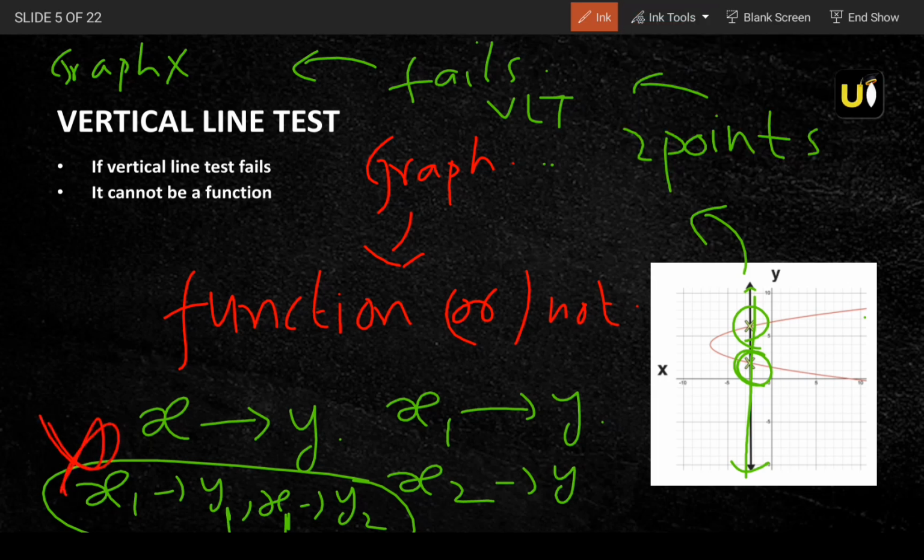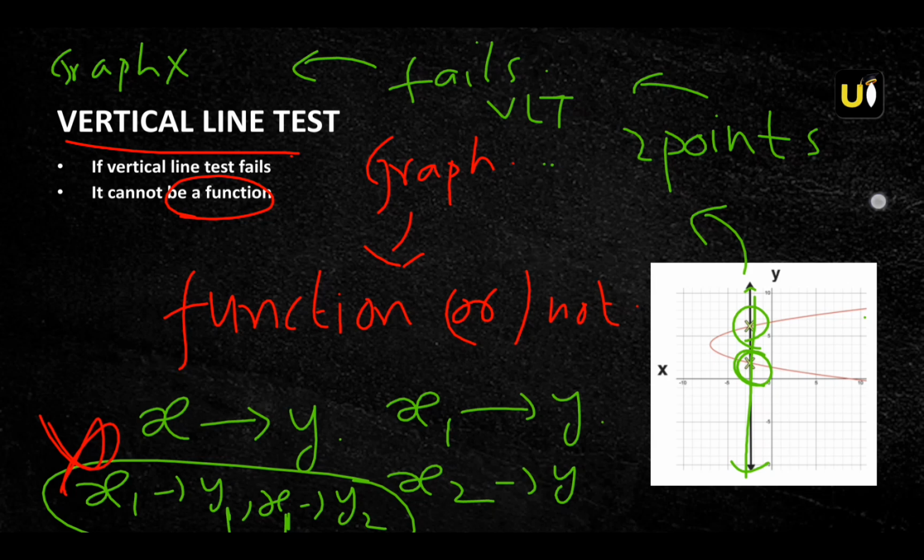So, if we draw a vertical line for a graph and there are two intersection points, then there are two different y values for a unique x value. So, the definition of function is not getting satisfied. That is the reason if a graph fails the vertical line test, then we say it cannot be a function.